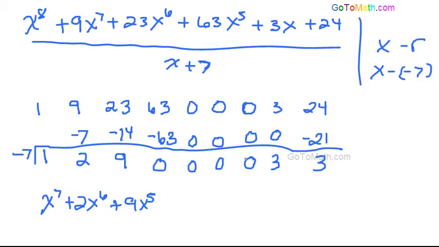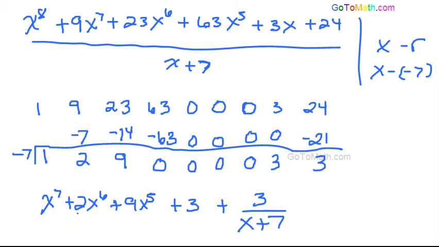Now I'm not going to write the rest of these in here, but this would be 0 times x to the 4th plus 0 times x to the 3rd plus 0 times x squared plus 0 times x, and then plus 3. So we'll just skip all those. And then the last one here is 3 over x plus 7.